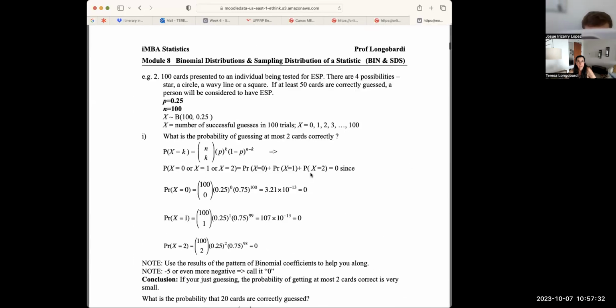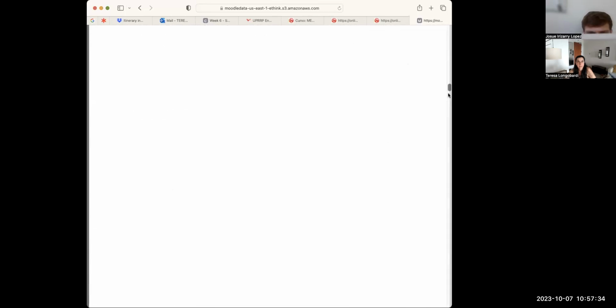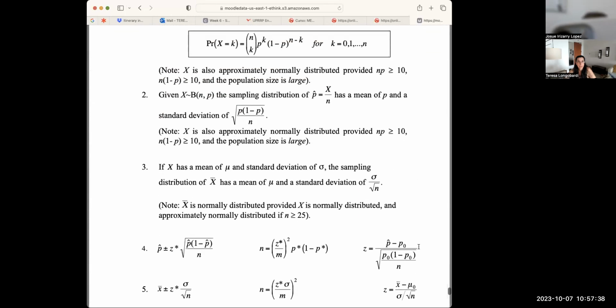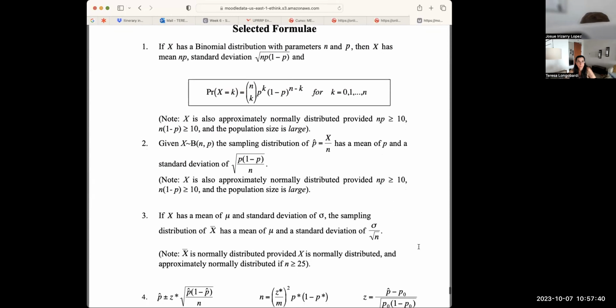At the very end, I have this, and you see what it says at the top.